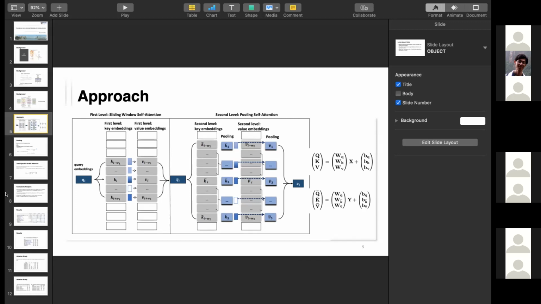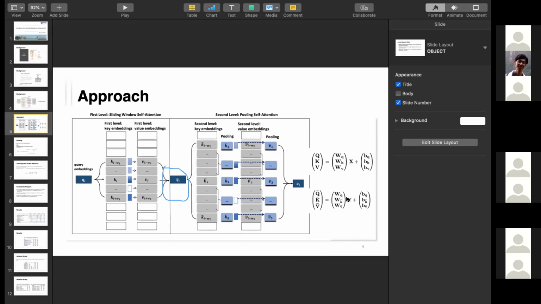Okay, let's proceed. Sorry, may I ask another question? I'm confused here. For example, the output here is Q, right? Actually, the output here is the embedding, an intermediate one.